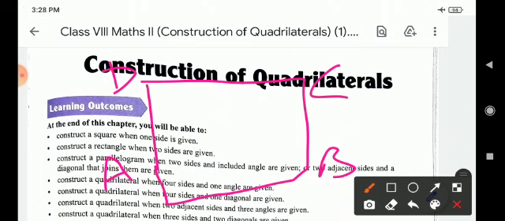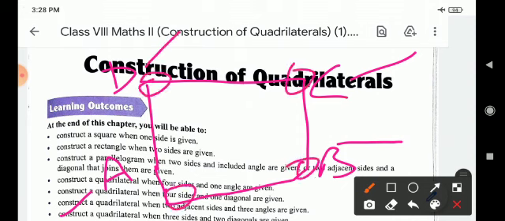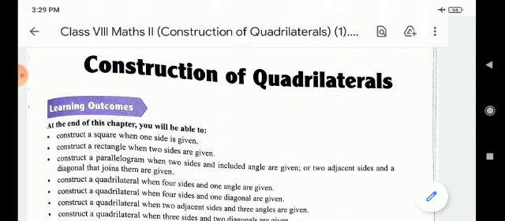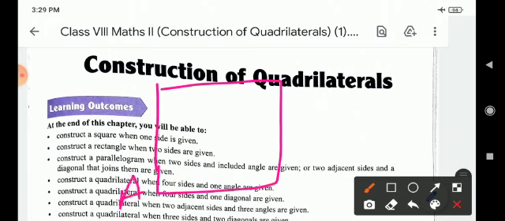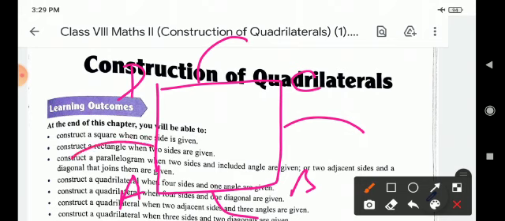The vertices of the quadrilateral are A, B, C, D. Now, children, the sides of the quadrilateral: AB is a side, BC is a side, CD is a side, DA is a side.